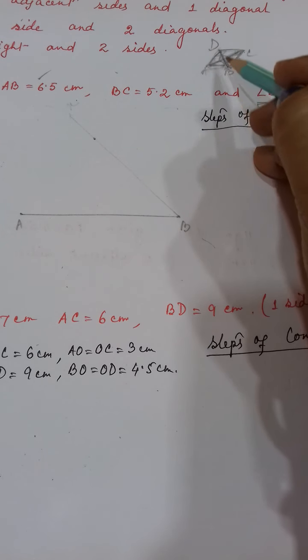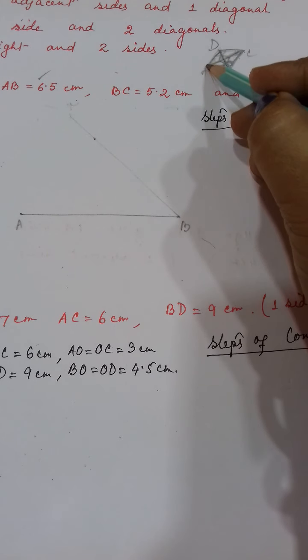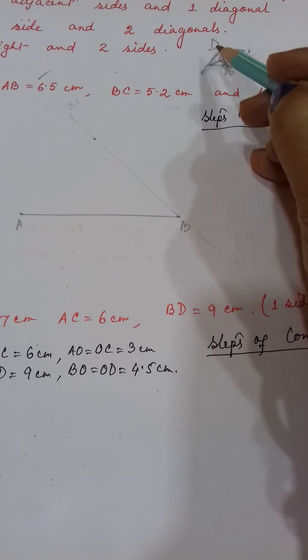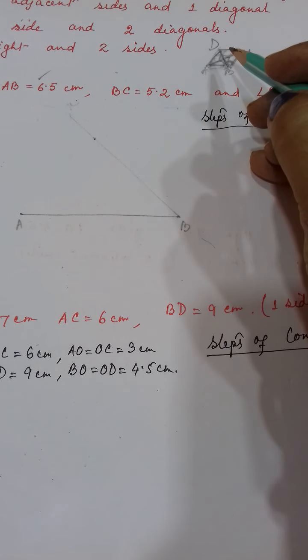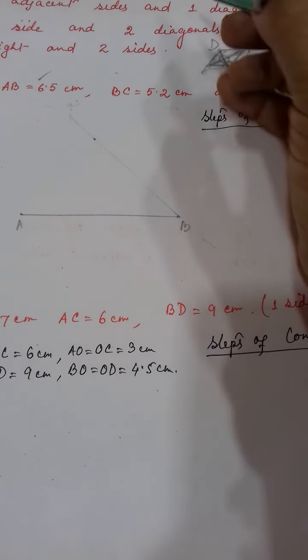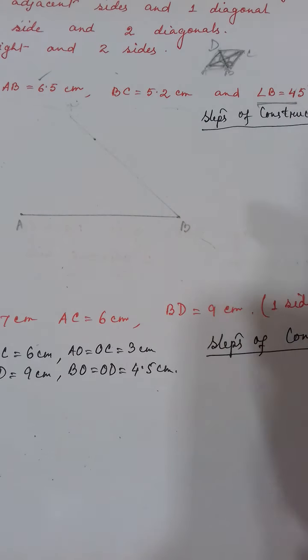Same way, if BD diagonal bisects AC, it means OA is equal to OC. So this property will be applied when you have to construct a parallelogram with one side and two diagonals. Clear? So let's first start with two adjacent sides and one included angle.